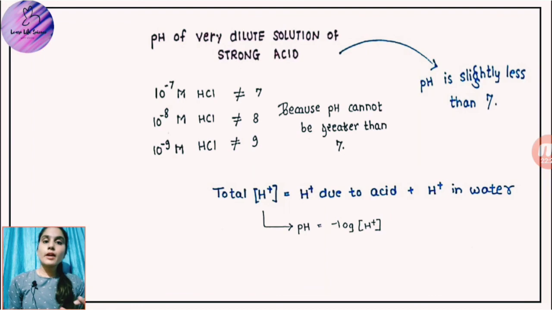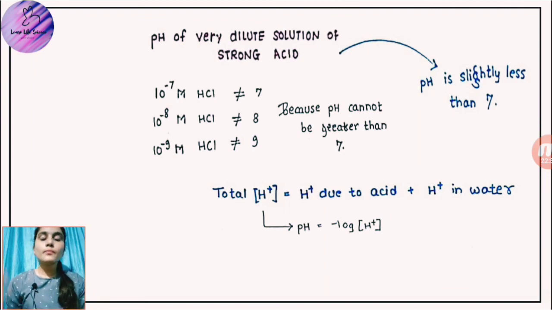If the concentration of hydrogen ion in the solution is 10 raised to minus 2, the pH is 2. But now, if the concentration of hydrogen ion in any solution is 10 raised to minus 7, it will not mean that the pH of the solution is 7. Similarly, if the hydrogen ion concentration is 10 raised to minus 8 or 10 raised to minus 9, it will not mean that the pH is 8 or 9 respectively.